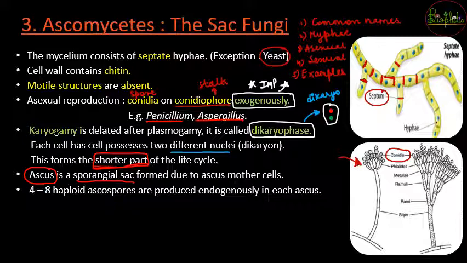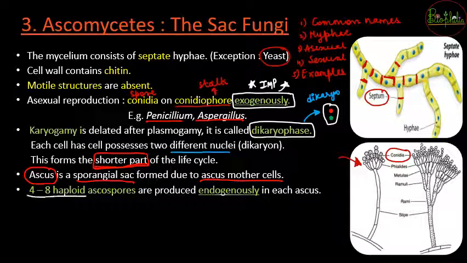And this sporangial sac is going to be formed because of the ascus mother cells. अब ascus mother cells जब divide करके एक sac बनाते हैं, that is going to be called as the ascus. अब एक ascus जब divide करेगा by meiosis, it is going to form 4 to 8 haploid ascospores, and these 4 to 8 ascospores are going to be produced endogenously in each ascus. अब यहाँ पे बहुत मेजर पॉइंट्स हमें याद रखने हैं about this Ascomycetes.